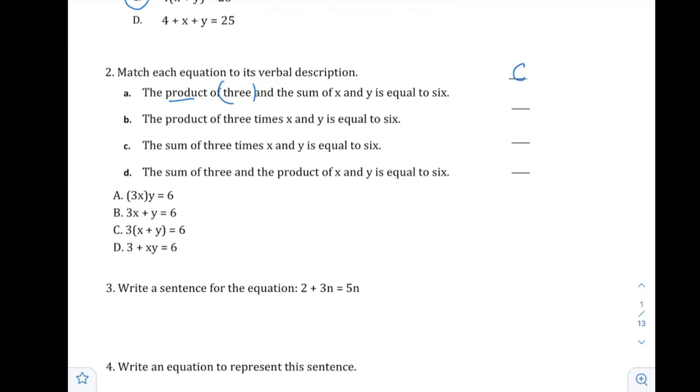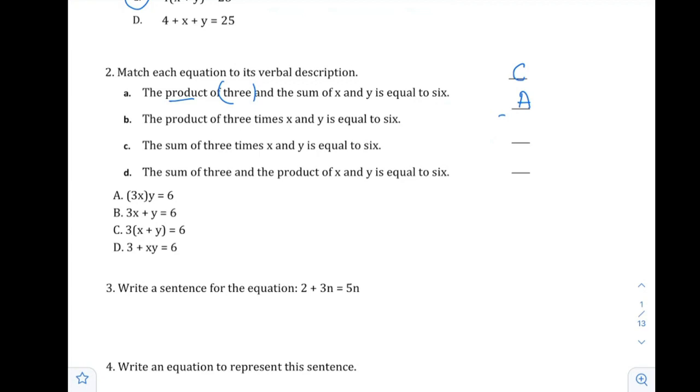B, the product of 3 times x, and y, so also y is multiplied by them, is equal to 6. So definitely the answer is A. Okay, next.